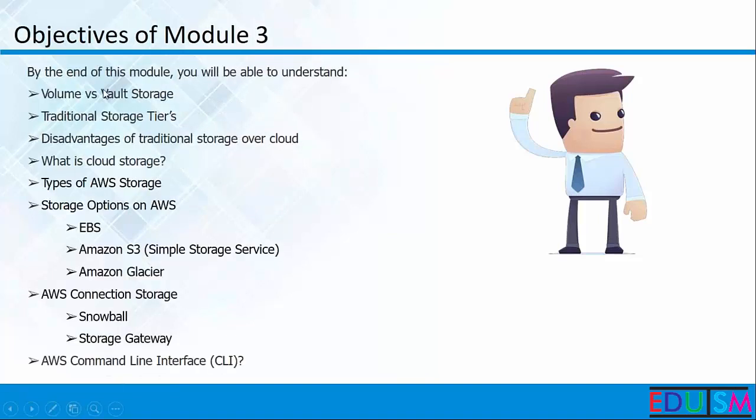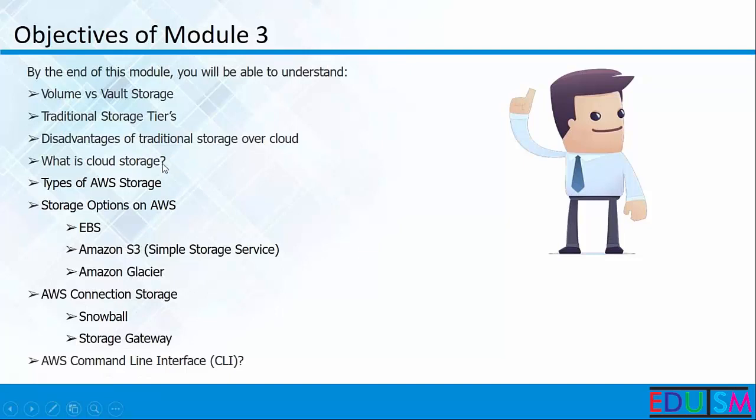Now, what is the agenda for module 3? What all we will be discussing in storage services. So first of all, we will discuss traditional storage, what used to happen like 10-15 years back. Then we will discuss disadvantages of traditional storage.